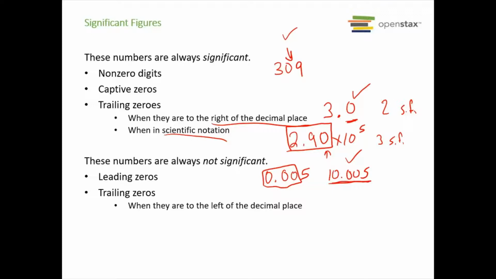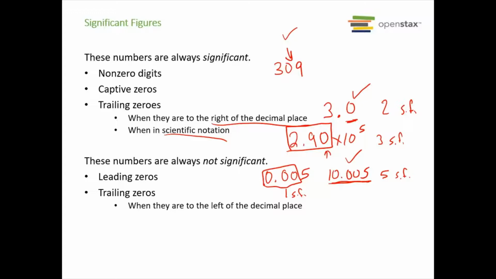So this 0.005 has 1 significant figure, and 10.005 has 5 significant figures. And then another one that are not significant are trailing zeros to the left of the decimal place. These zeros can often be kind of hard to really say if they're significant or not. Well, actually, looking back at the 0.005, these are leading zeros. They're to the left of the non-zero digit. They are not significant.